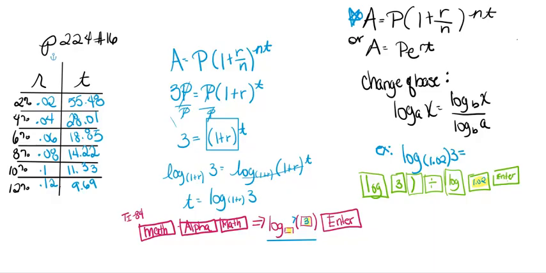Okay, check your answers against mine, and you will see that as the interest rate goes up, the time in years goes down. At 2%, it'll take you 55 years to triple your principal. But at 12%, it'll only take you almost 10 years to triple your principal. Okay? And then of course, as I say, fill it out on a scatter plot, or a scatter chart, whatever it is.